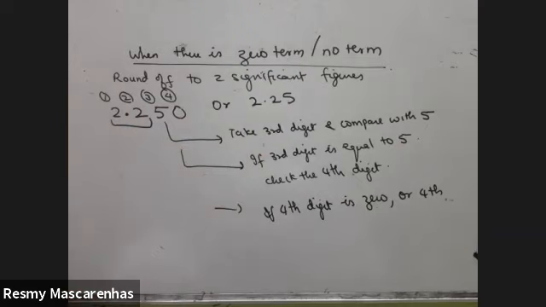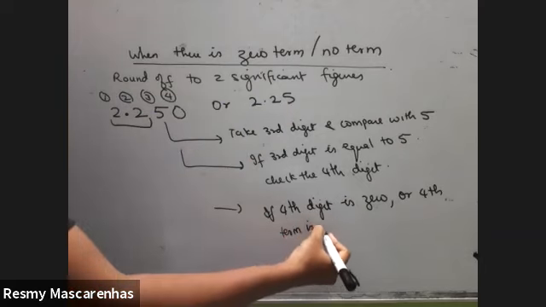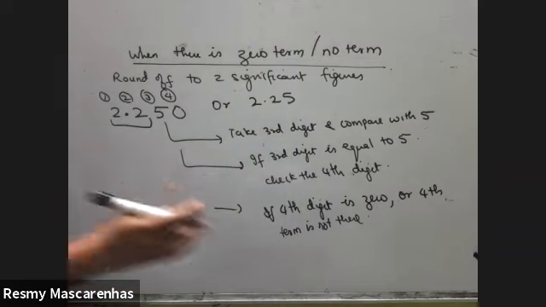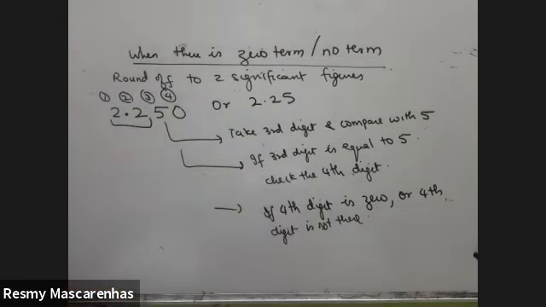If the fourth digit is 0, or the fourth term is missing, not there at all, the problem given like this or like this means the same. It's equivalent to having 0 there, even if it is not there.